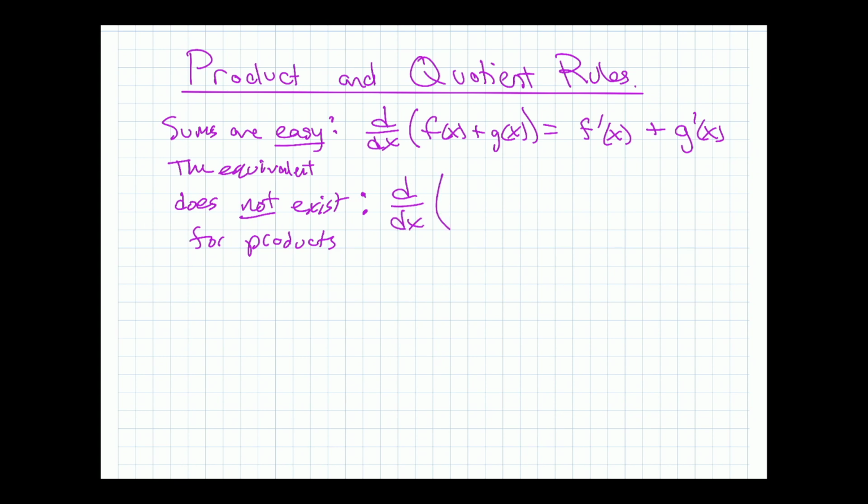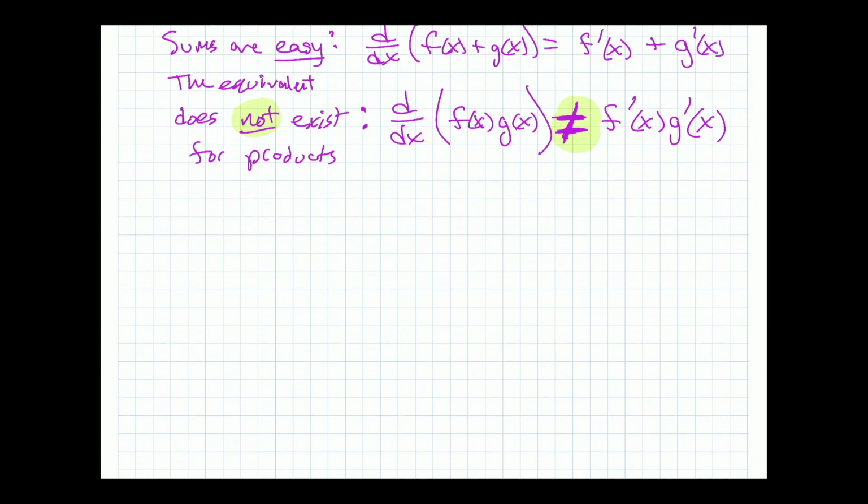If I do d/dx of f times g, like this, it is absolutely not equal to f prime g prime. Okay? Not equal, okay? That's not a rule. And, you know, it'd be nice if it was. If it was, this would be a lot easier, but it isn't, okay? So you have to have a special rule for products and for quotients.